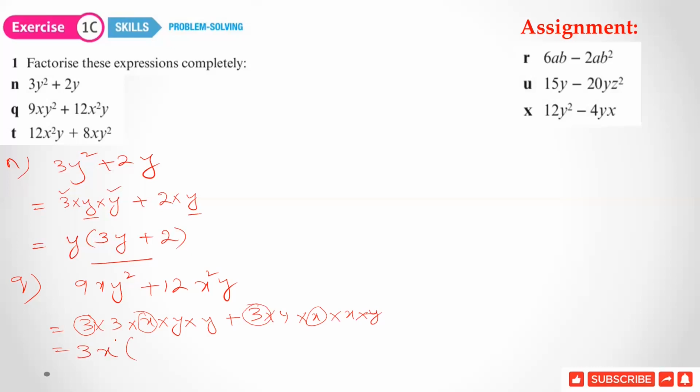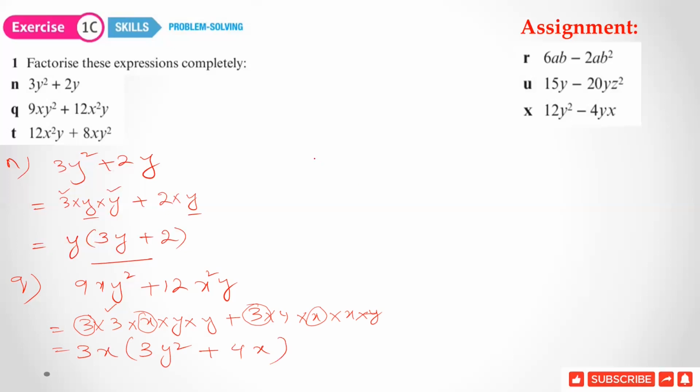Now outside, we write the numbers and letters left in these two terms after taking 3x common. We have 3, we write 3. Y times y, we write y square. Then here 4, plus 4x. That's it. This is your answer.